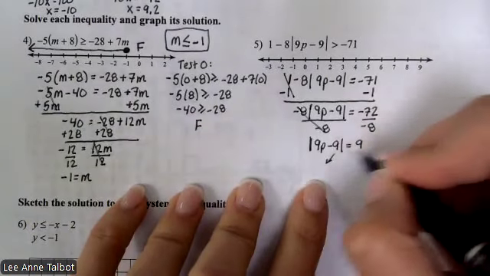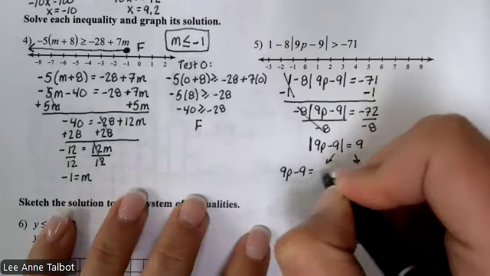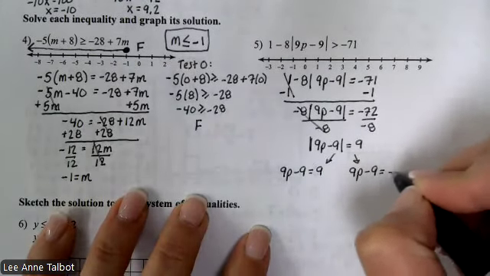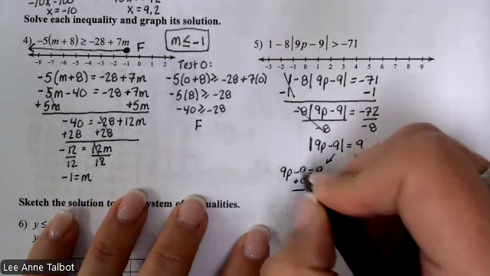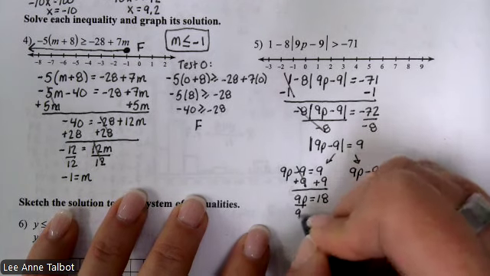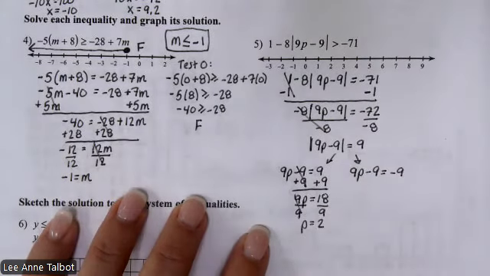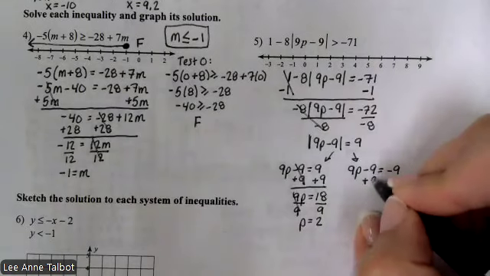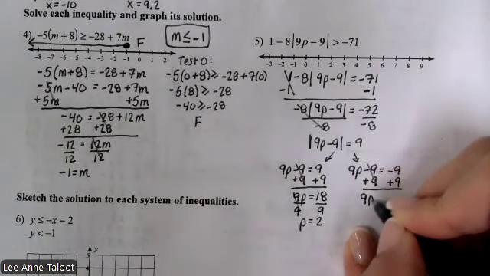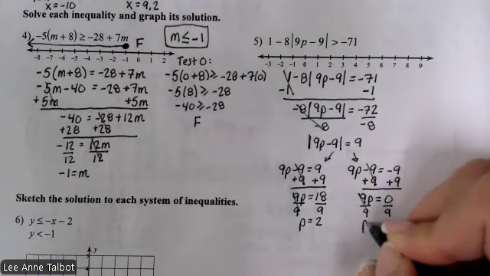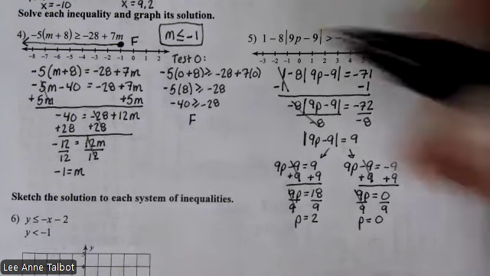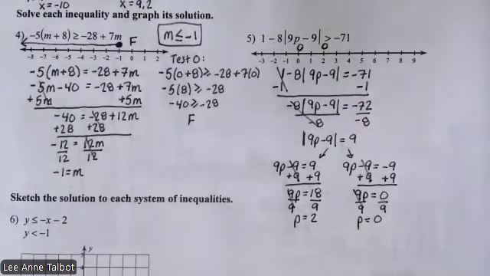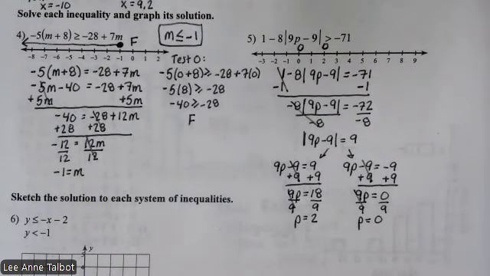Okay, now I have the absolute value alone. This is when I split it up. What's my best option for testing in this problem?